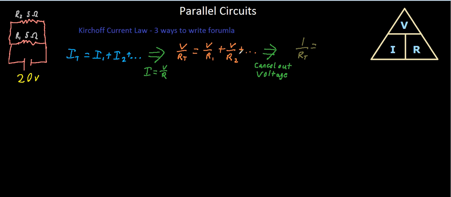And then, of course, here we're left with 1 on top and resistance 1 on bottom. And again, plus 1 on top plus resistor 2 on bottom. And of course, if we had more than 2 resistors, then the formula would continue like before. But essentially, these are the 3 ways to write Kirchhoff's current law. So we can even say 1, 2, 3 ways.